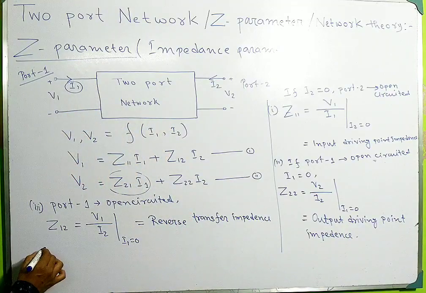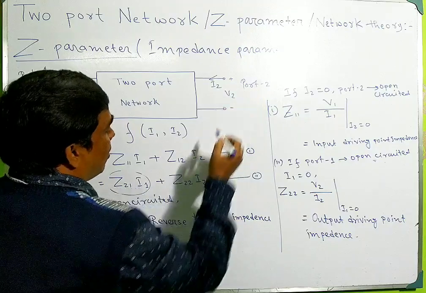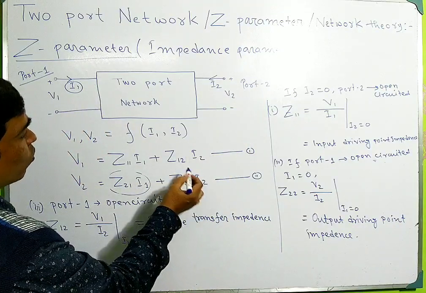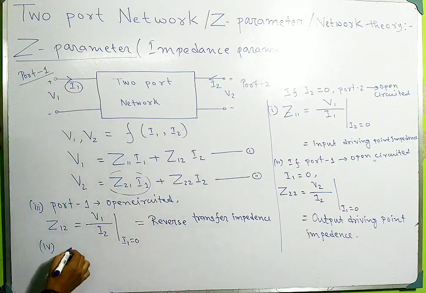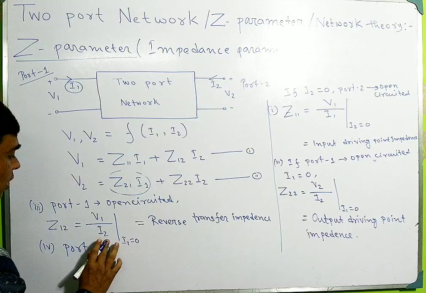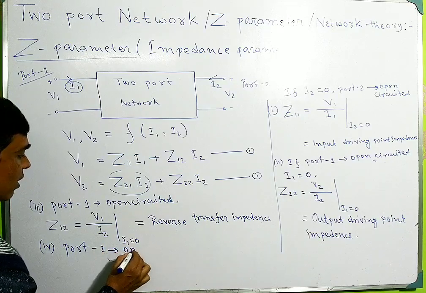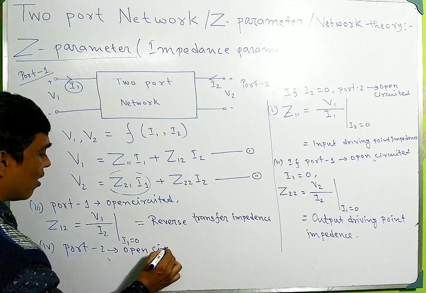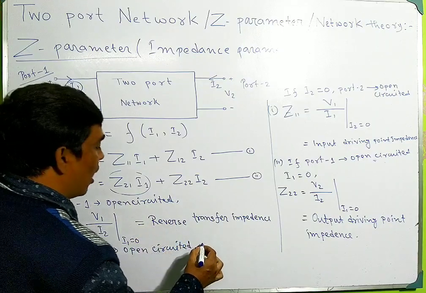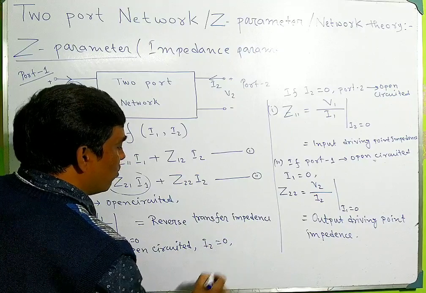Now, number 4, if I open circuit port 2, that means this. So if port 2 is open circuited, then I2 is 0.